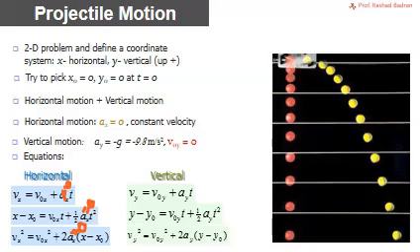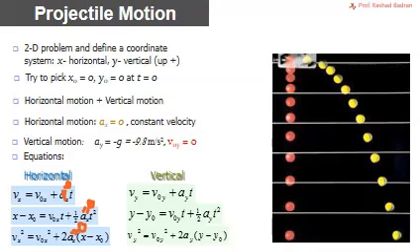In this case, out of the equations, we're going to have just two. The first one is that the x component of the velocity initial is the same as the final, which means the velocity component here is constant. The second one is delta x equals the product of the component of velocity and time.